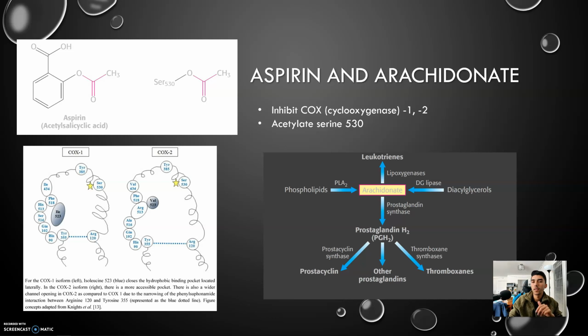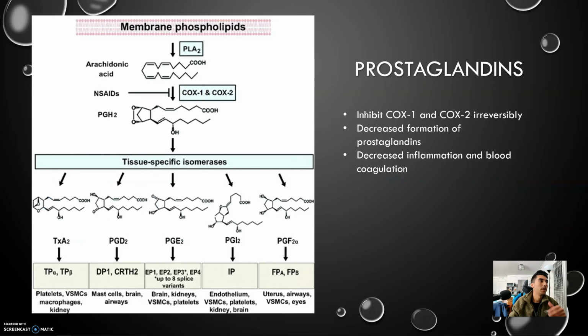Now, if we take a look at the pathway overall, we can begin to discuss how it has an effect on prostaglandins. So here we have a pathway of arachidonic acid converting and forming these prostaglandins.